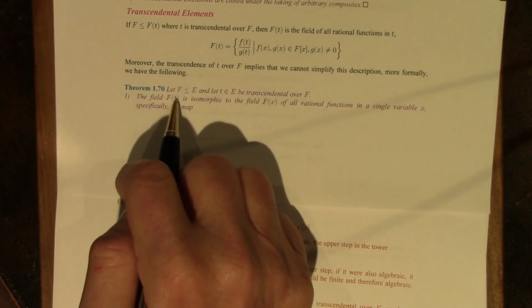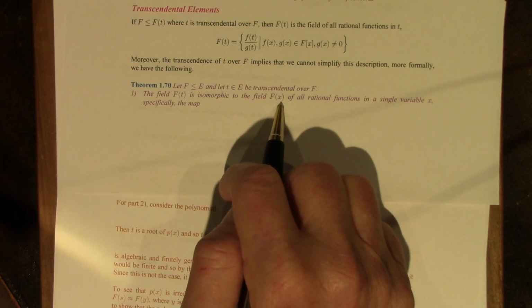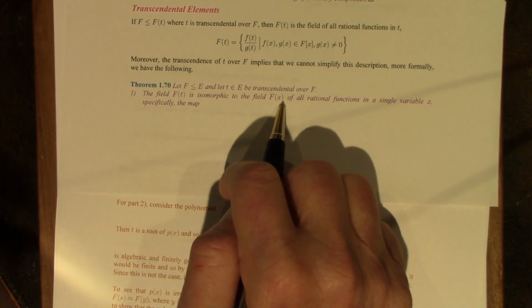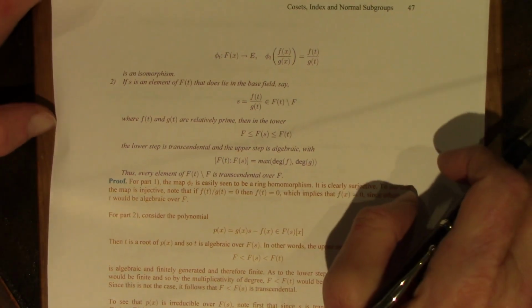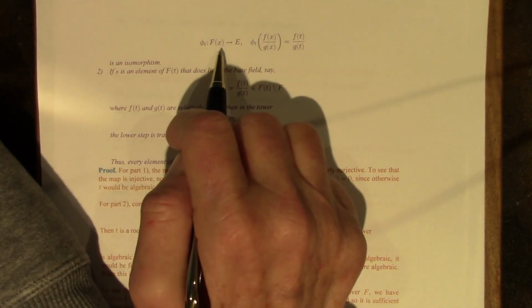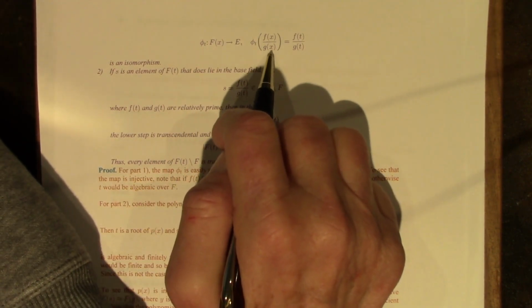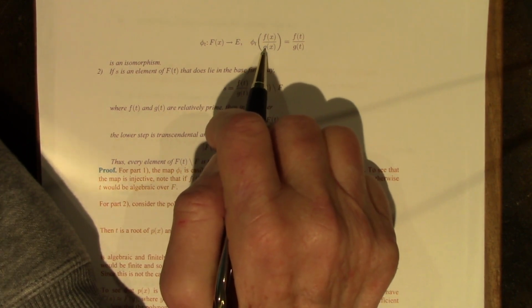So, in effect then, t acts just like an independent variable. Specifically, this function, phi sub t, that substitutes t for x, is an isomorphism.